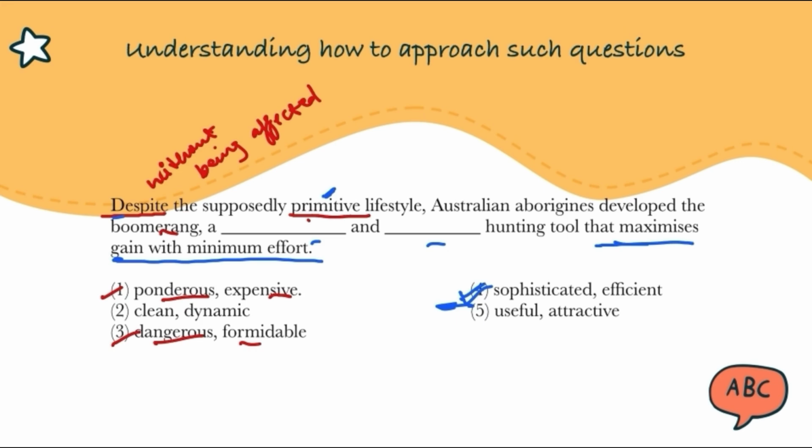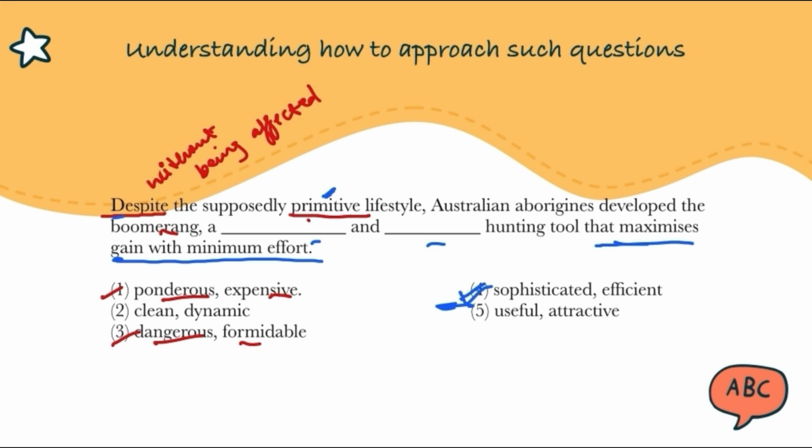So essentially, what did we do here? We found the structural keyword, the word, the idea upon which the entire sentence rests, the mode or the tone of the entire sentence. Then we tried to find the significance of it, as to why exactly it is used, like despite, and the significance was maximizing gain with minimum effort.